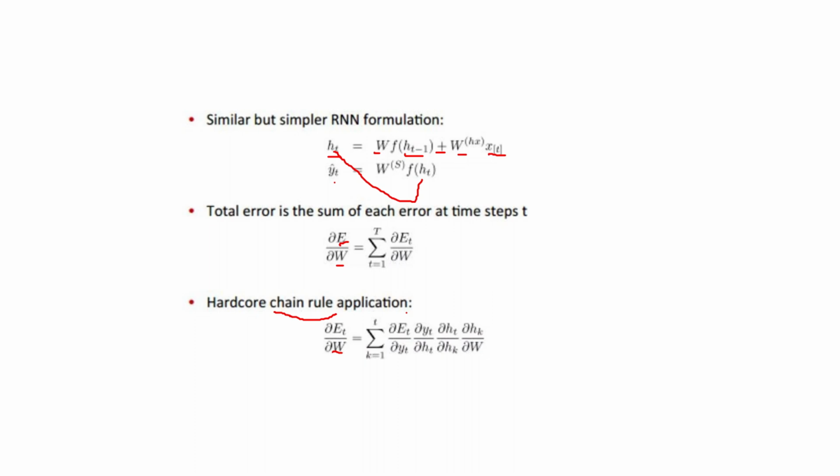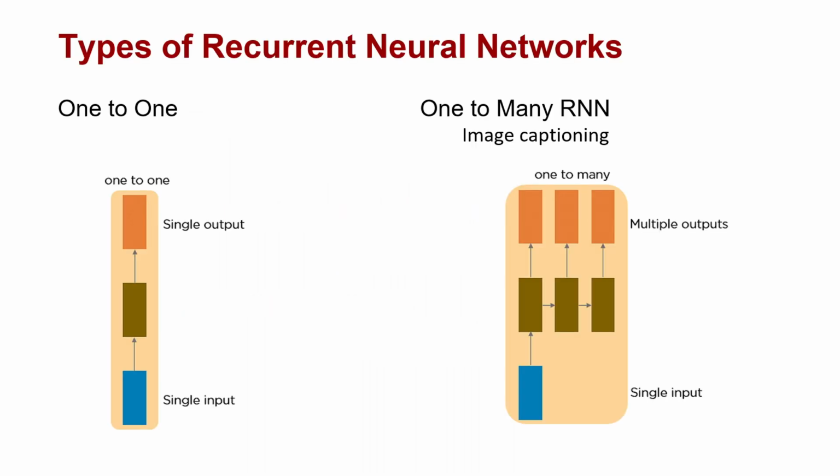So moving on further, let us look into the types of RNN. It can be a single input sent to a neural network, and you can have one output. The next architecture is one-to-many RNN. In one-to-many RNN, I'll pass only one input, and I'll have a sequence of RNN, that is hidden states, and I'll get multiple outputs over here.